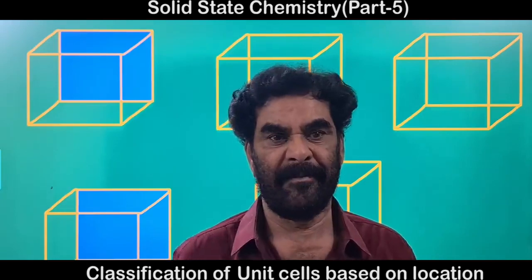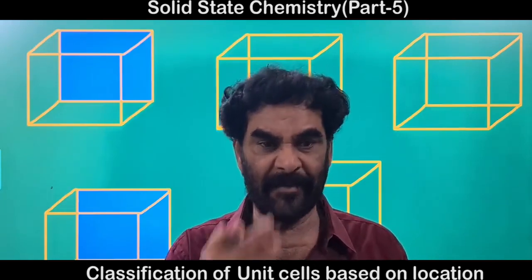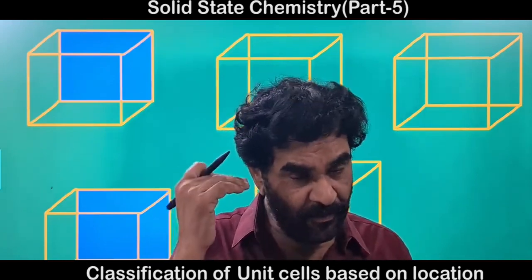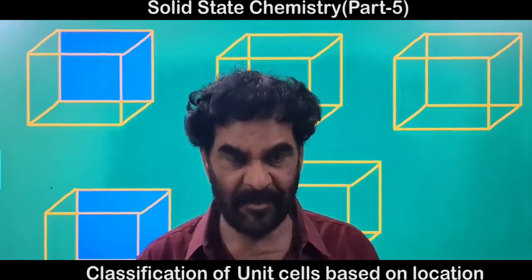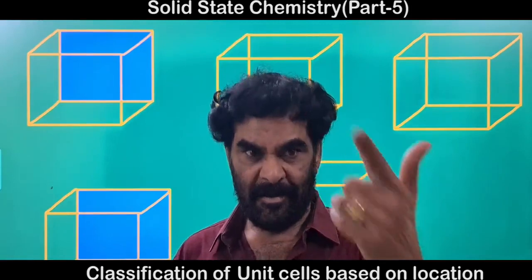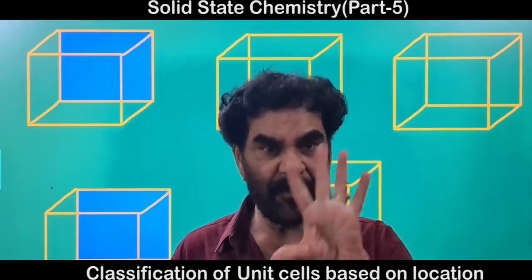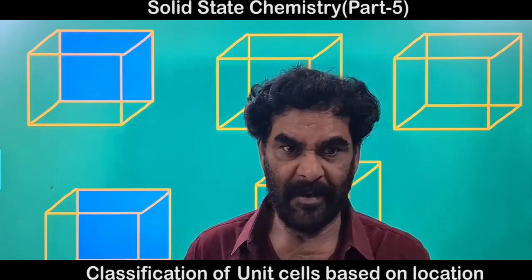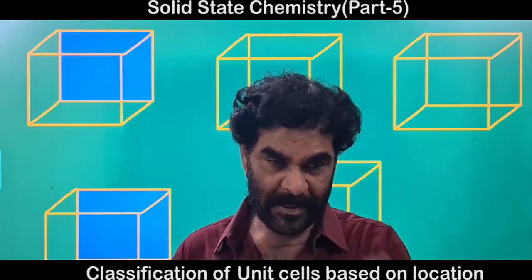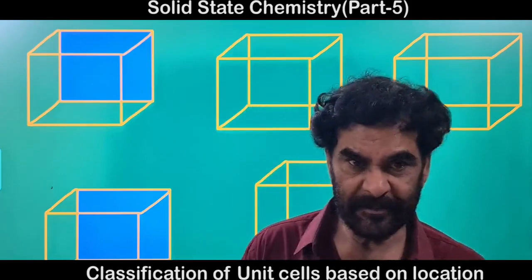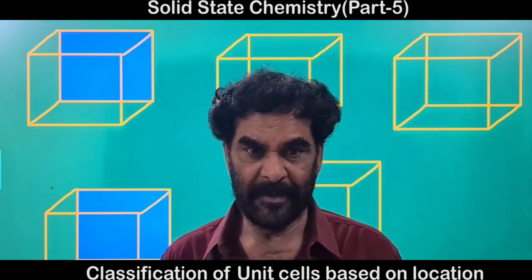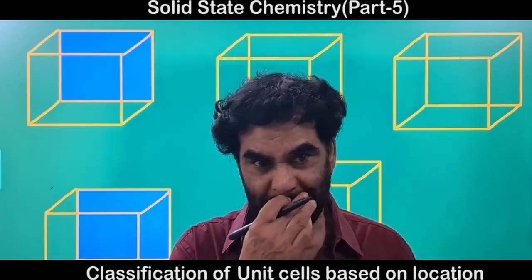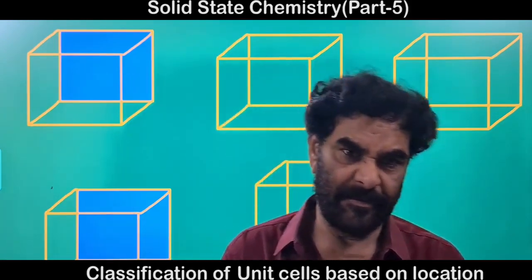Corners of the unit cell. Face centers, you know the meaning of the face centers. Every unit cell contains 6 faces and 6 face centers. And they can be present at the body center, and at the edge centers.